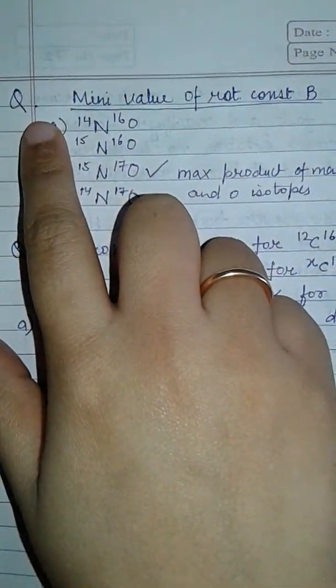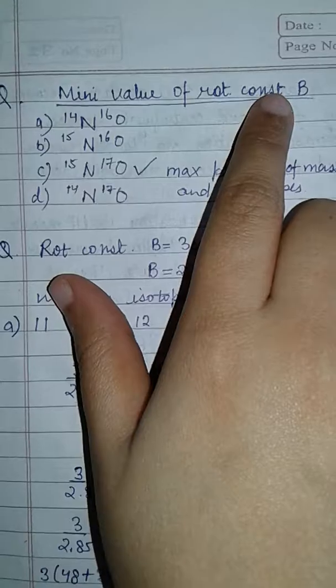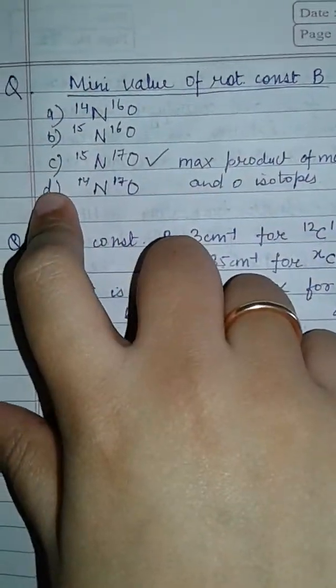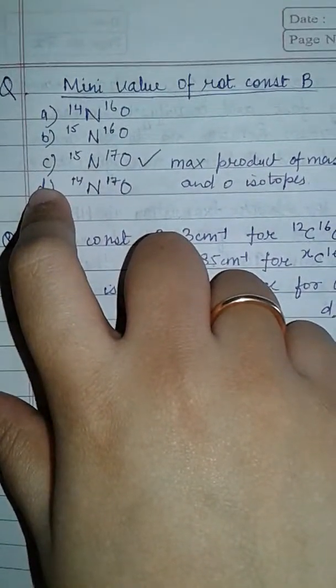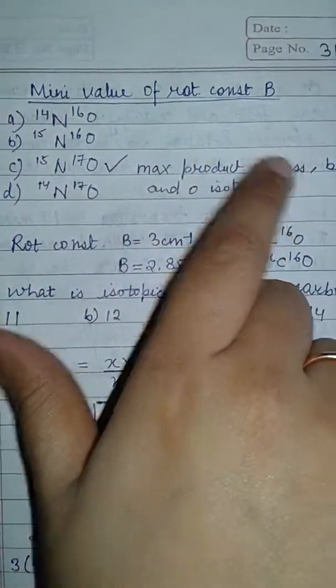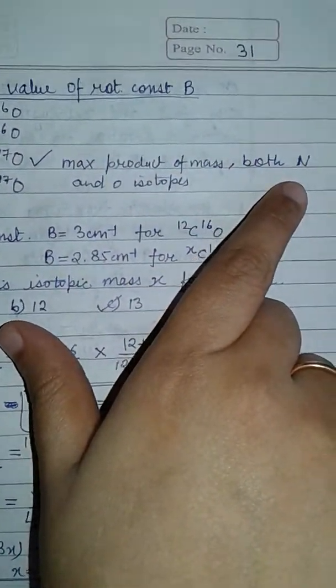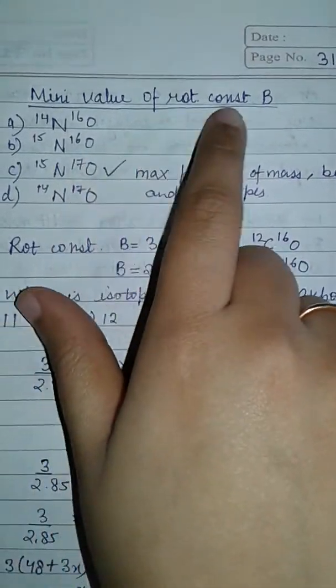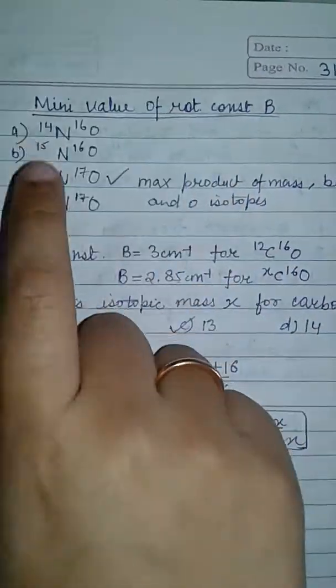Similarly in this question, we have to find the minimum value of the rotational constant B. Following are the options. As I told you, if there is the maximum product of masses of the two atoms, then the rotational constant will be least.